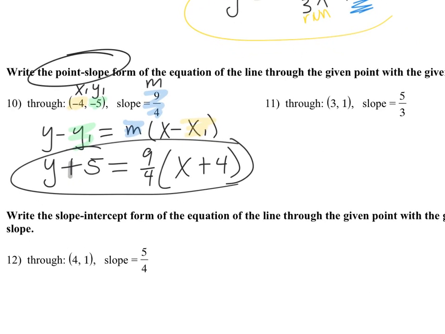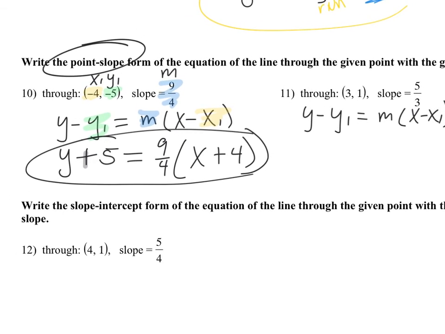Okay, so number 11, I'm going to do the same thing. So it's y minus y1 equals m times x minus x1. And so this will be y minus, and we're going to replace the y1 with the 1. No double negative this time, so the negative stays. It's just y minus 1.